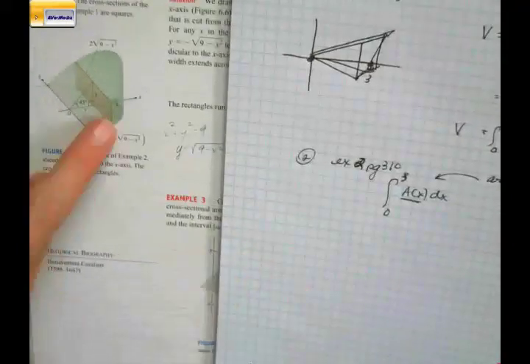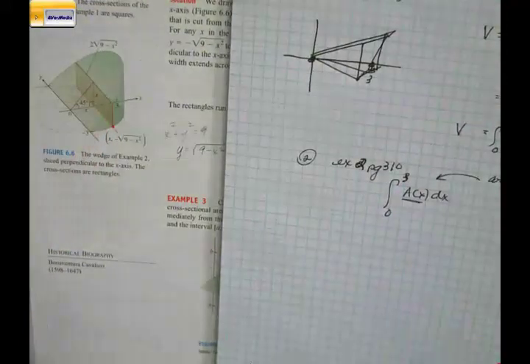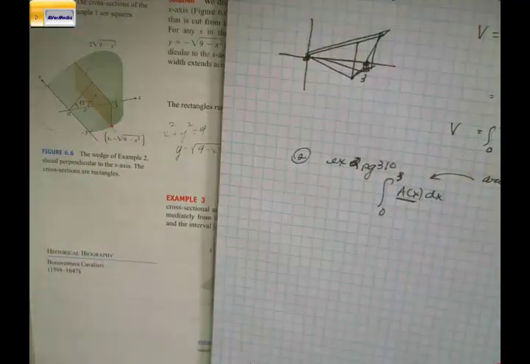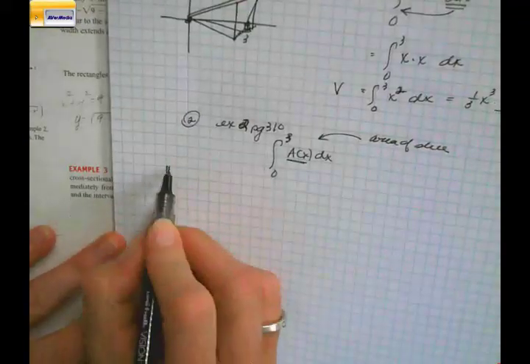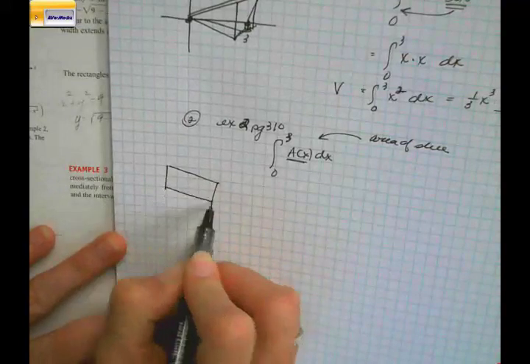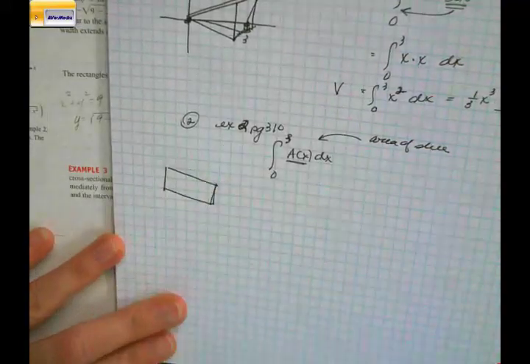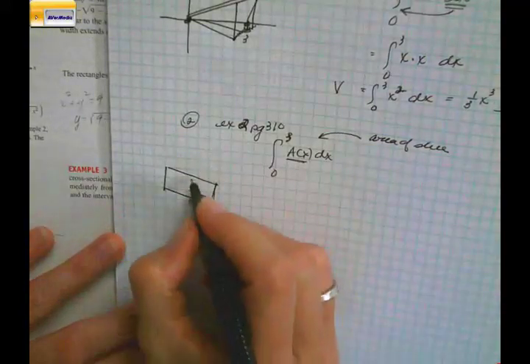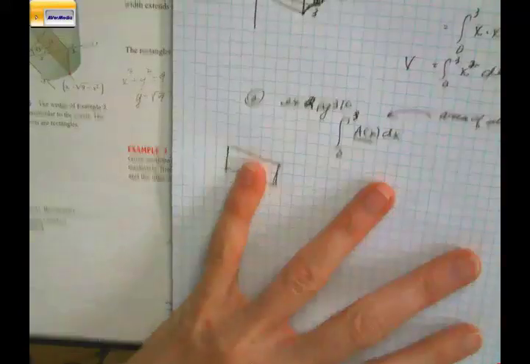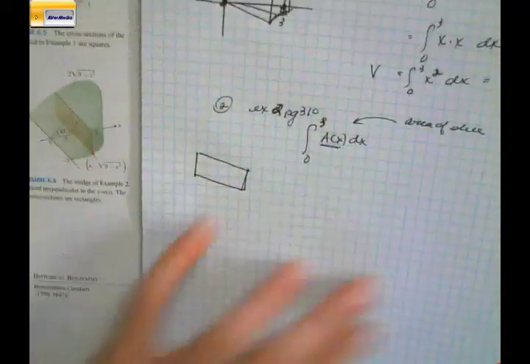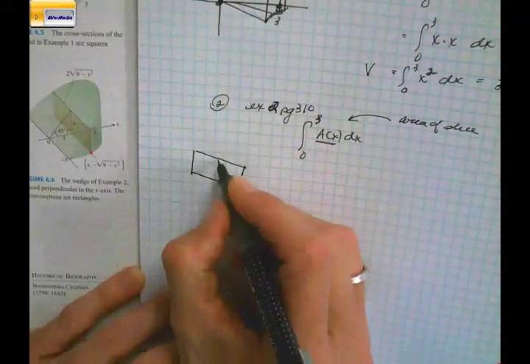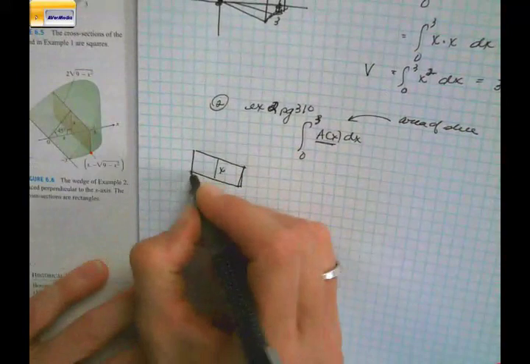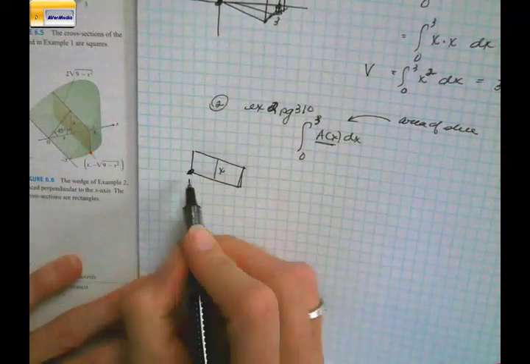And each slice, according to this figure, is a rectangle. These rectangles inside this wedge will have a vertical height here of x, and this point is on the base of the circle.